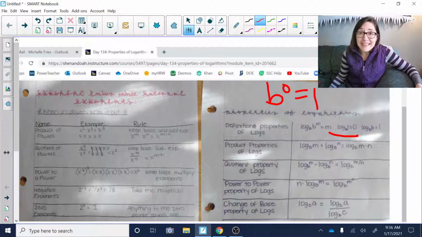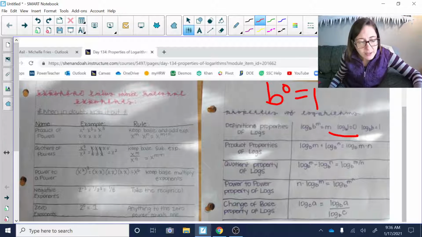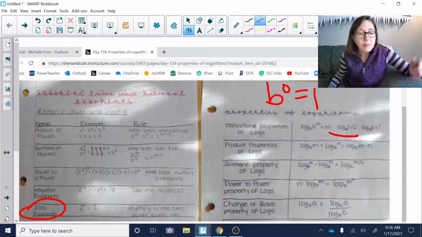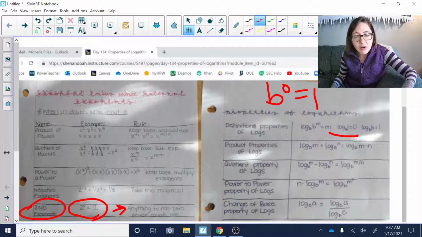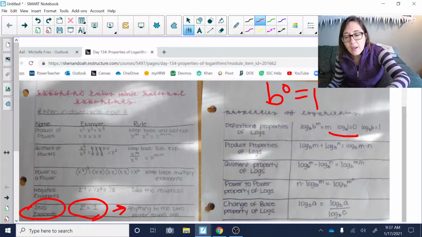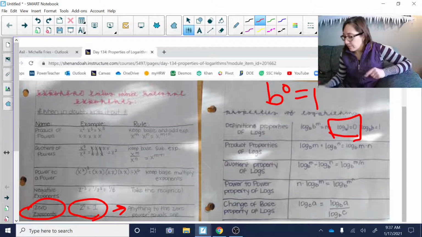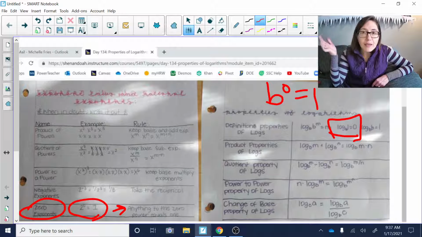Well, what's anything to the 0 power? It's 1. So that ties into our 0 exponent rule. In our example, we have 2 to the 0 equals 1, but anything to the 0 power equals 1. So that means if you take a logarithm and the argument is 1, the exponent that gives you that must be a 0, regardless of what the base is.